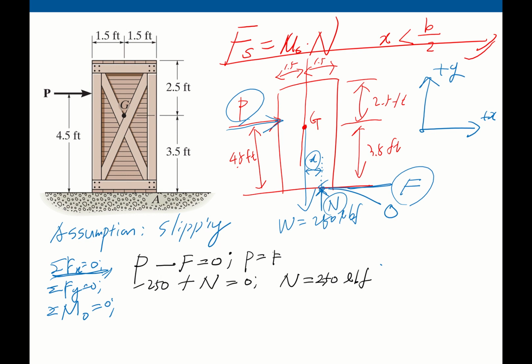And we can calculate the moment at point O. The force P creates a clockwise rotation, so the sign should be minus: P times 4.5 feet.